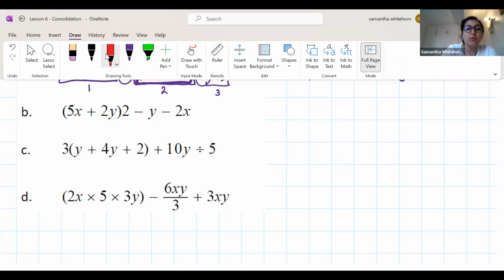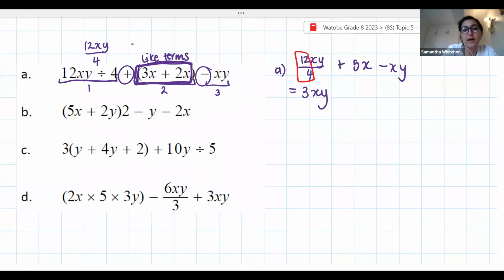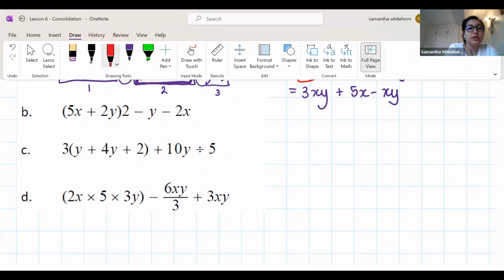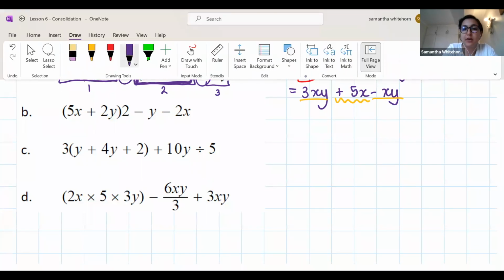So if I start with the numbers, remember SNV, 12 divided by 4 is 3. And then I have my xy plus 5x minus xy. We look for our like terms. So in terms of what I have here, the xy and the xy's are like terms. So 3xy minus xy. And the 5x is a separate group of terms by itself.